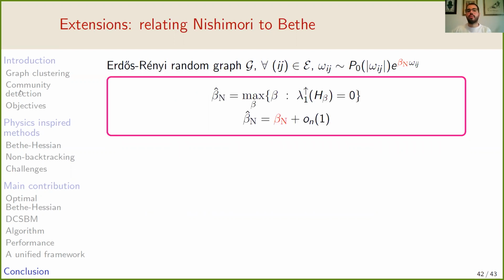Then if we define beta hat as the largest value of beta for which the smallest eigenvalue of the weighted beta Hessian matrix is equal to 0, the relation between beta hat and the zeta p should be evident. Then we claim that beta hat is a close approximation of the Nishimori temperature.